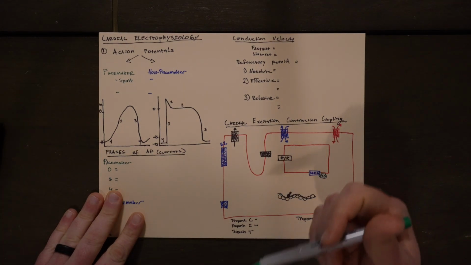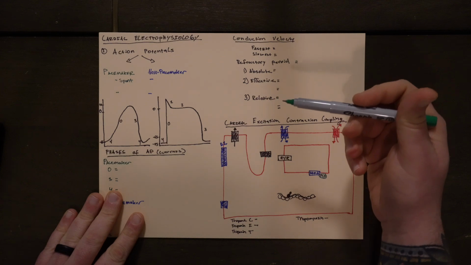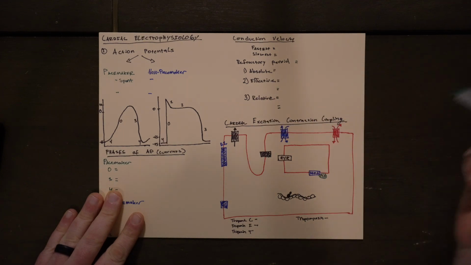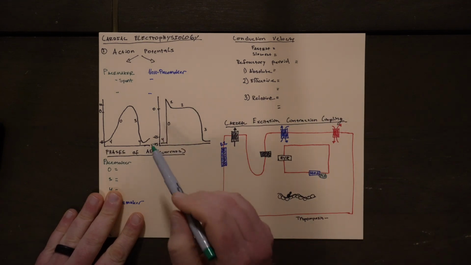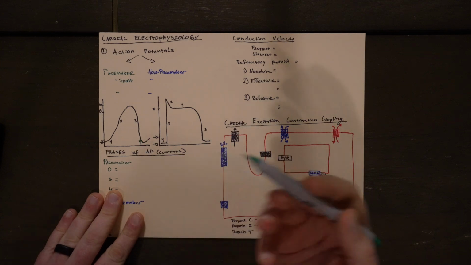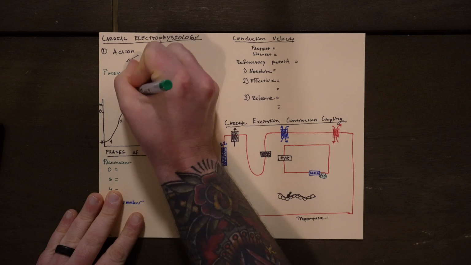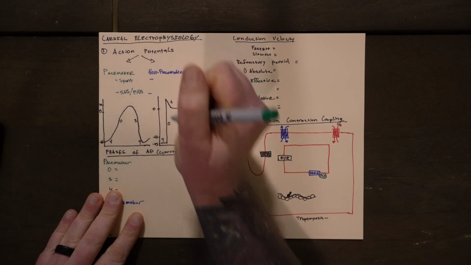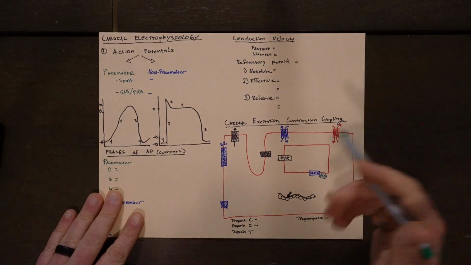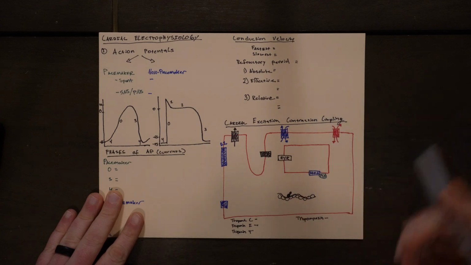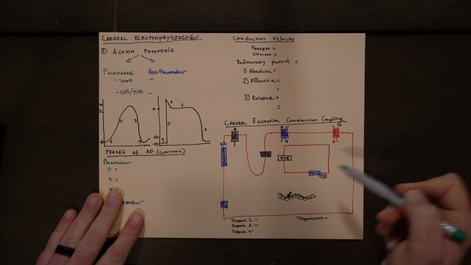You don't need an input to make the action potential fire. The next thing that you should know is that they're mainly controlled by the sympathetic nervous system and the parasympathetic nervous system, and that's through different GPCRs and receptors that we'll go over a little bit later.